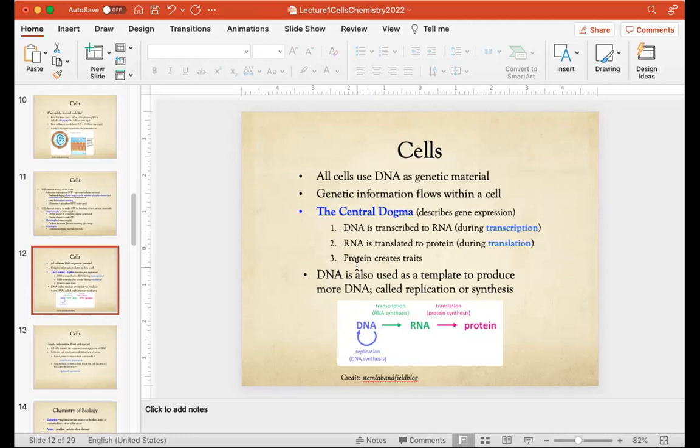So there are 3 statements to the central dogma, remember. DNA is transcribed to make RNA. That process is called transcription. RNA is translated to make protein. That process is called translation. And it's protein that gives us our traits. It's protein that gives cells their structural and their functional traits.